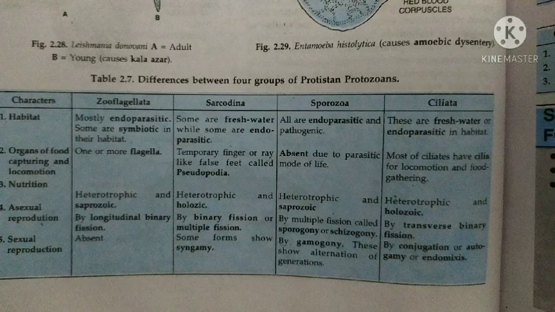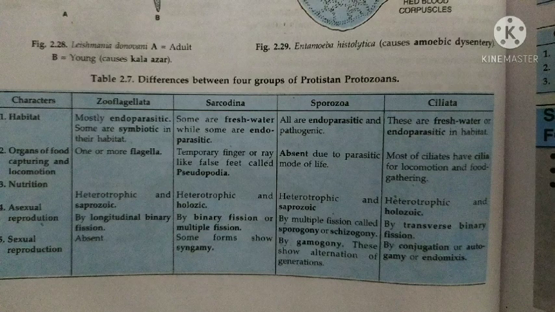Next, another group is Sporozoa. They are also endoparasites, living a parasitic mode of life, and they are heterotrophic and sporozoic, and the examples are Plasmodium and Monocystis. These are two examples of Sporozoa, the parasitic protozoan protists.